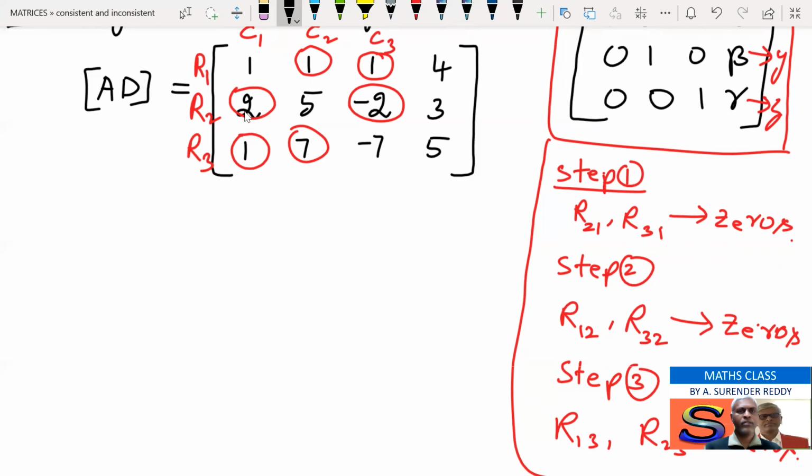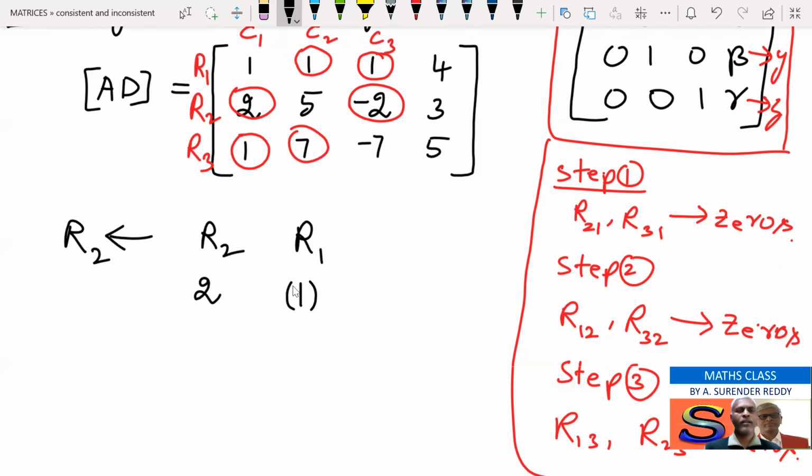So how to convert the 2? We're converting the second row with the help of R1, so that this element becomes 0. In R2, 2 is there; in R1, 1. First let us make them equal.